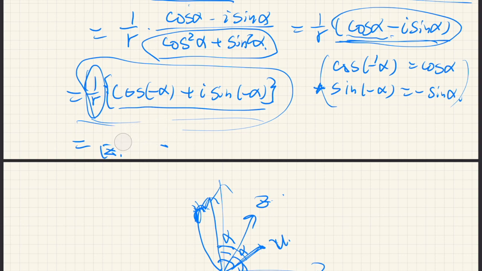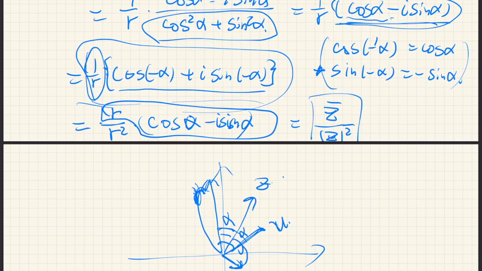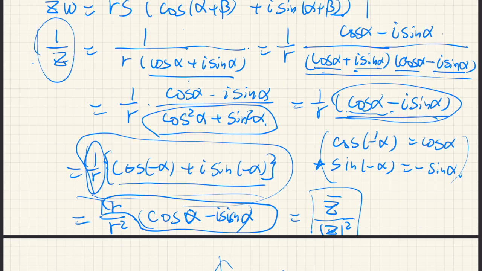Multiply numerator and denominator by r, and we have cosine alpha minus I sine alpha. So this part is the complex conjugate of z, and r squared is the absolute value of z squared. So this is what we have by taking the reciprocal of z.